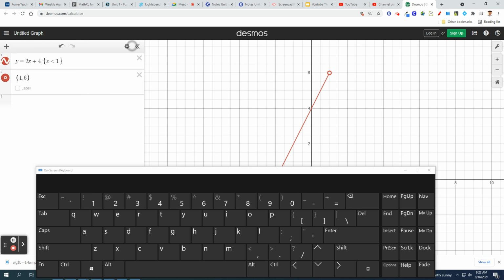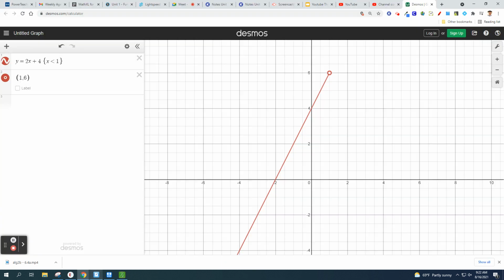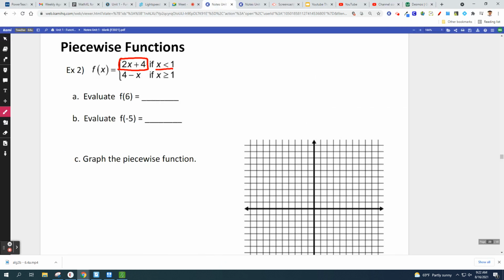Now, nope, all over the place here. I've just graphed this piece. But now I want to graph the other piece of the function. Okay? So now I'm going to graph y equals 4 minus x.